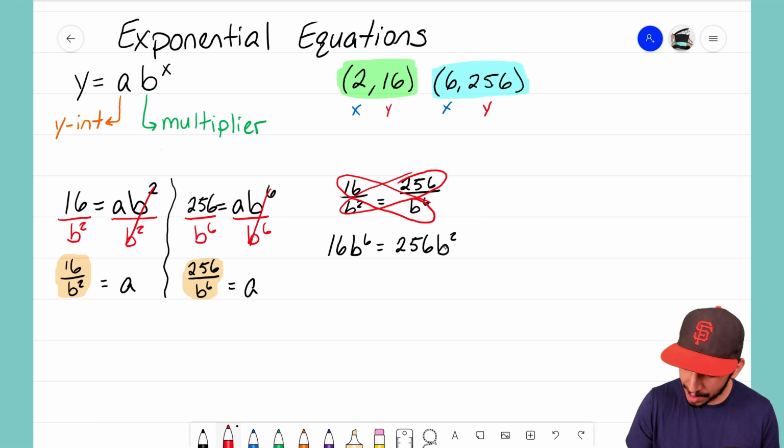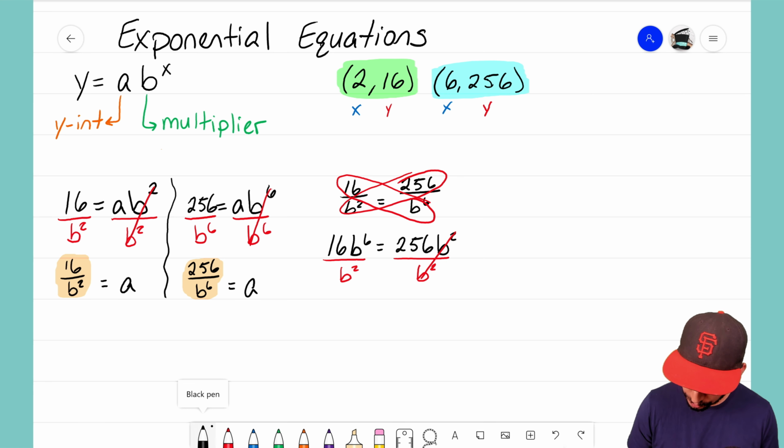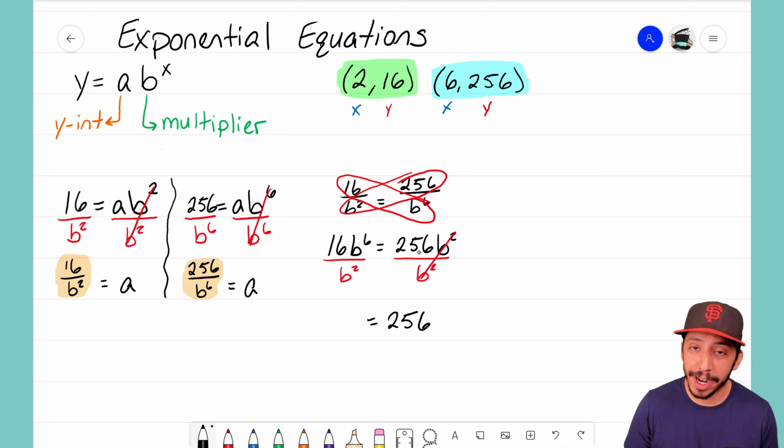Well, I see that I have b squared here on the right side. I want to move that b squared over to the other side. So to do that, I will divide both sides by b squared. When I divide both sides by b squared, the b's on the right cancel out. On the right side, I'm just left with 256 because those b's are now gone.